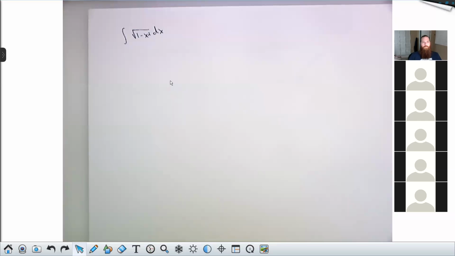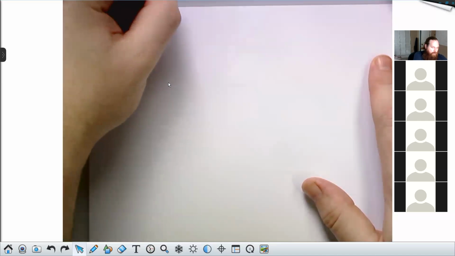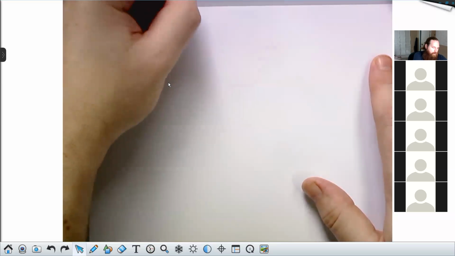This is a hard integral. So I'm moving on now. So intro to 7.3, trig sub.